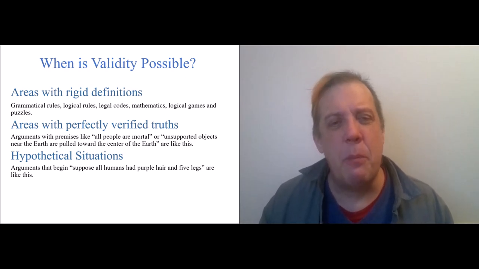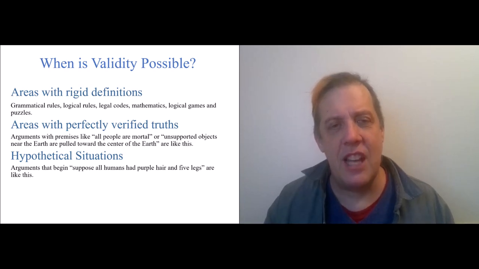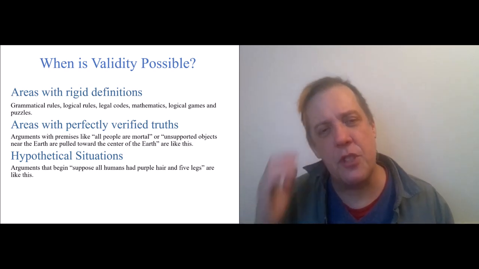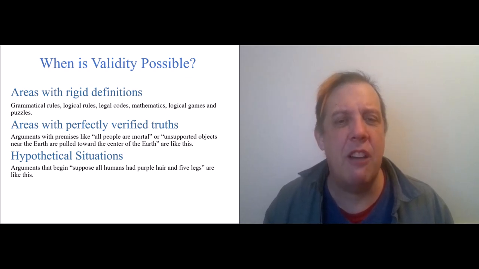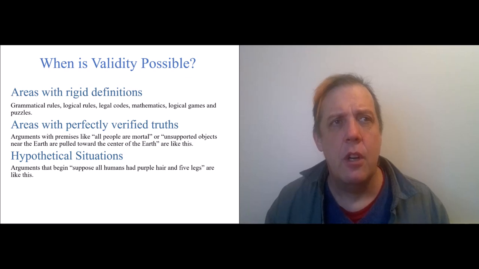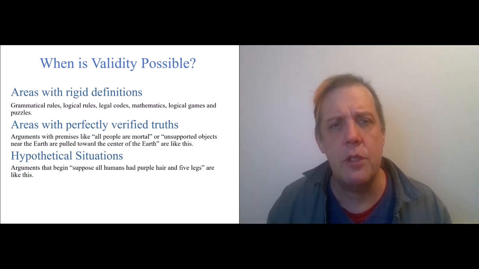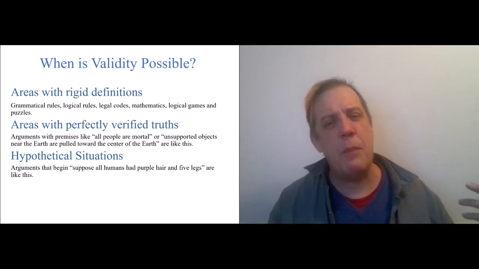Valid arguments are also possible in hypothetical situations if we just imagine that we've got a perfectly verified truth. So we can say all humans have purple hair and 5 legs, or all people are carrots. As long as we're imagining that these universalizations are as true as 2 plus 2 is 4, then we can make validity possible.